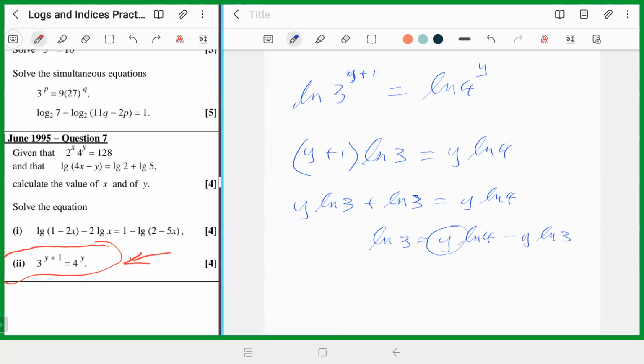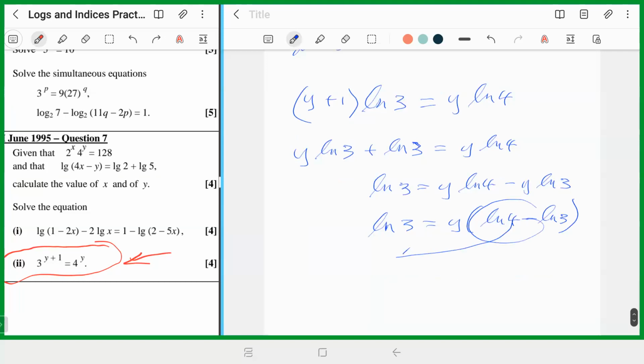I can factorize the y out of these two terms now. So I get ln 3 equals y bracket ln 4 minus ln 3. I can take all of this and just divide it on this side. So I get y equals ln 3 over ln 4 minus ln 3. That is my answer for y.